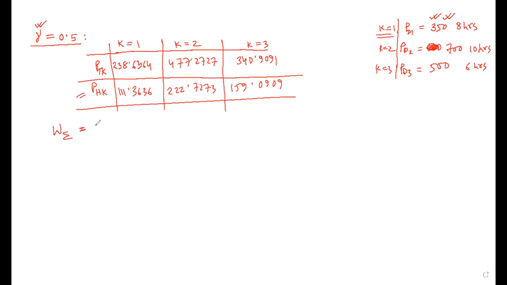For that you have to take care of the input output characteristics for the hydro unit. That is 0.0015 multiplied by PH1 squared, that is 111.36 squared, plus 0.8 into 111.36 plus 2. This is the cost function.